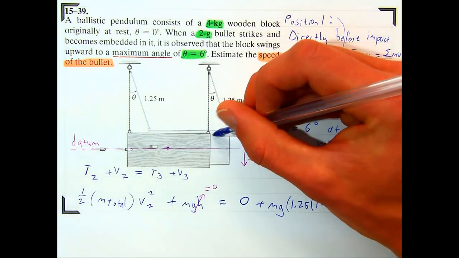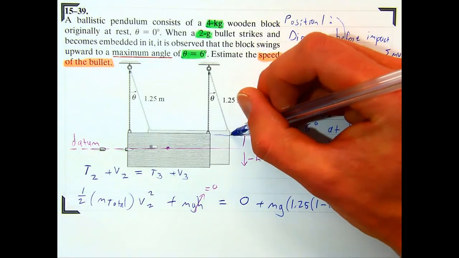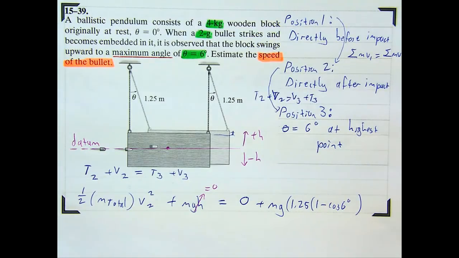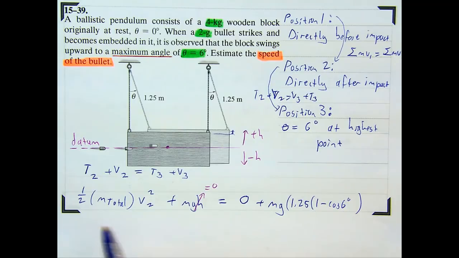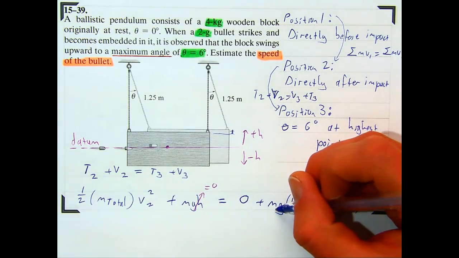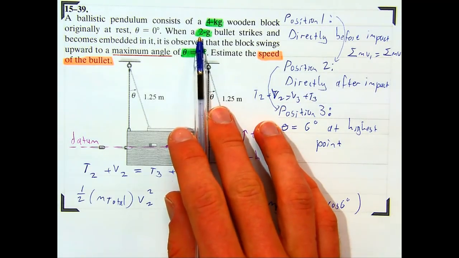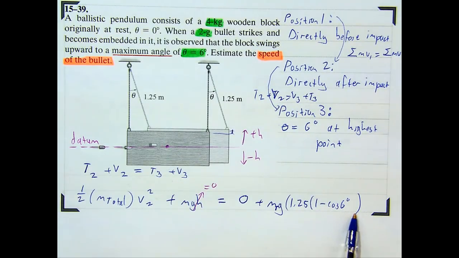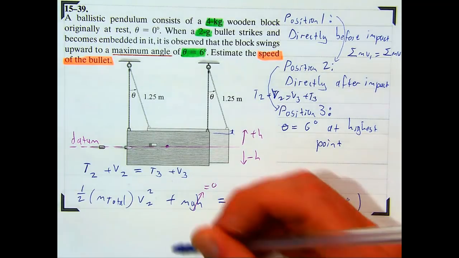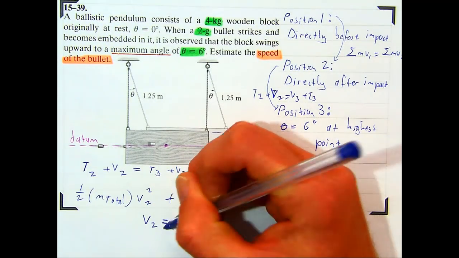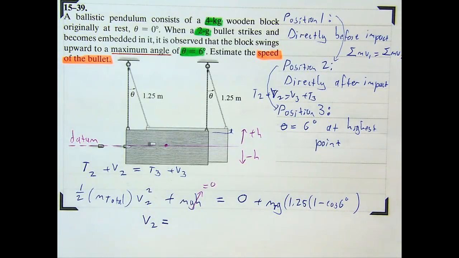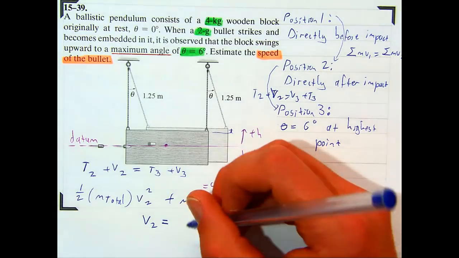That's how far it moved up. This would again be the total mass, which is the 4 kilograms plus the 2 grams combined. Using this equation, we can find the only unknown, V2, to be 0.3665 meters per second.